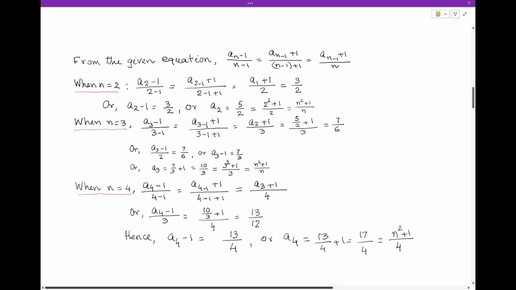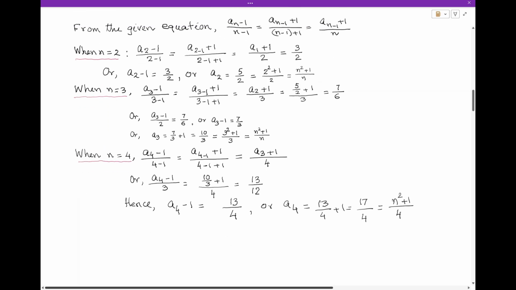Or (a3 minus 1) divided by 2 is equal to 7 by 6. Therefore, a subscript 3 minus 1 is equal to 7 by 3. Hence, a3 becomes 10 by 3, which can be written as (n squared plus 1) divided by n when n is equal to 3.